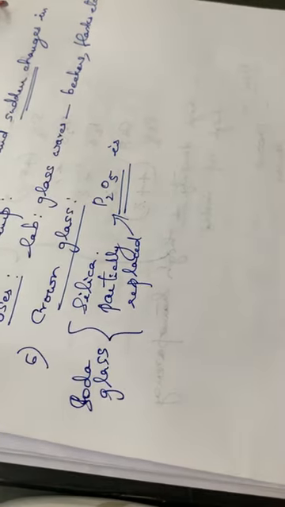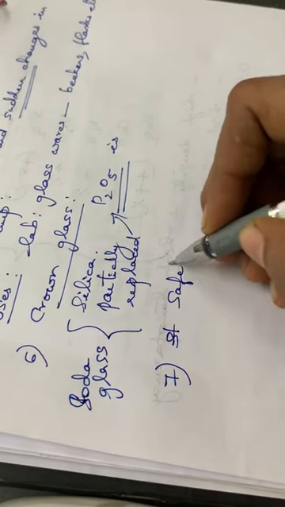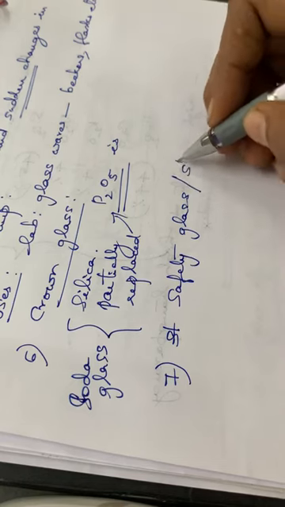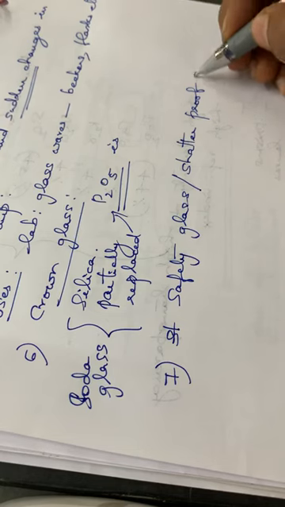Then the seventh one is safety glass, or shatterproof glass.